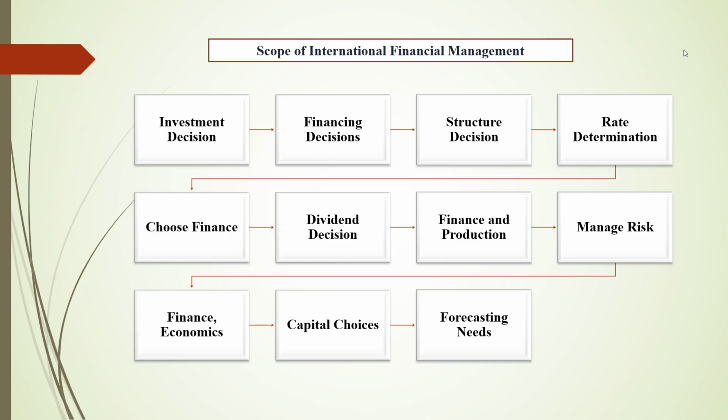Political risk is another major difference between international and domestic financial management. Political risk arises due to unexpected government actions, changes in political instability, war, or terrorism. These factors can lead to expropriation of assets, restrictions on profit repatriation, or cancellation of contracts.